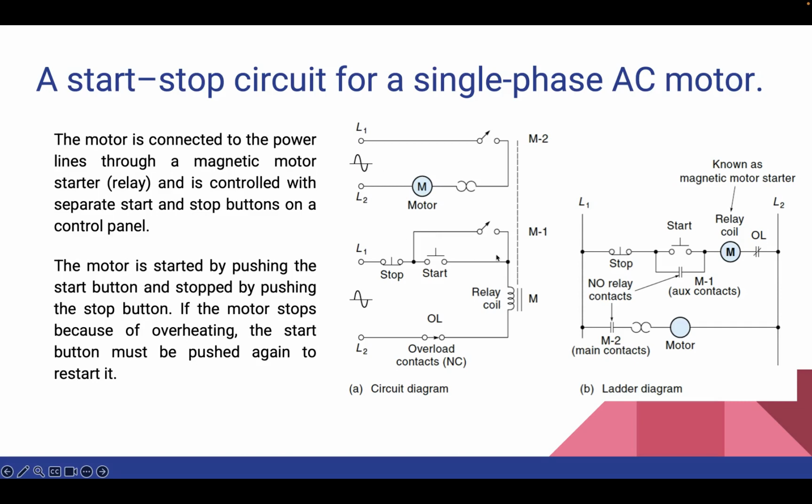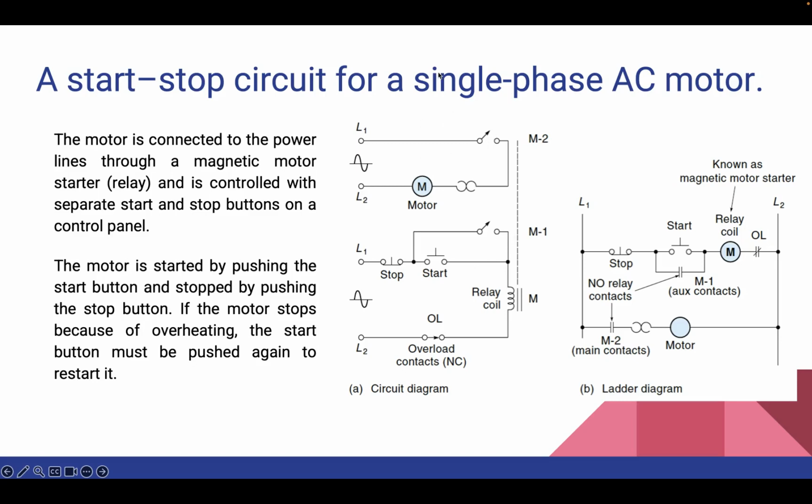Meanwhile, M1 connects the relay coil to a point ahead of the start button, as you can see here. It allows the relay to remain energized even after the start button is released. This process is known as sealing or latching, and it maintains the relay's energized state. Upon pressing the stop button, the power to the relay coil is cut off, and it opens the contacts M1 and M2.